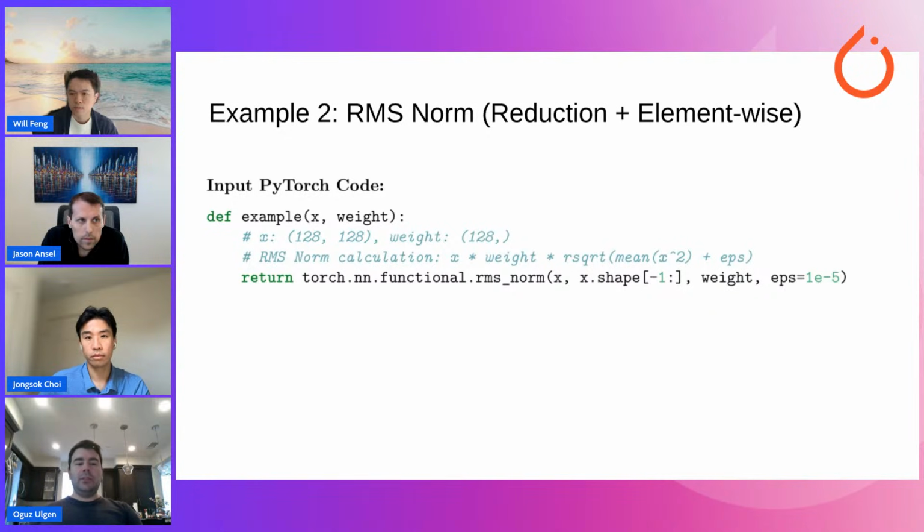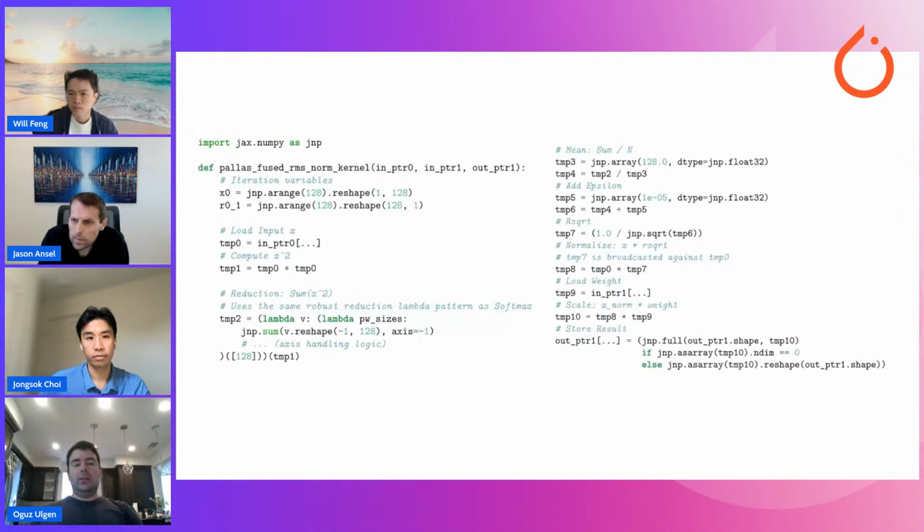When we lower this into a Pallas kernel, we actually end up emitting a Pallas kernel where you do the operations one by one: you go through your sum reduction, you do your division, you do the reverse square root and the broadcast. Again, this is not the most performant way to write an RMS norm, but this is still a work in progress, and we're showing you an early preview of how we are starting with this simplest form, and then we will optimize this by doing more reductions and fusions.